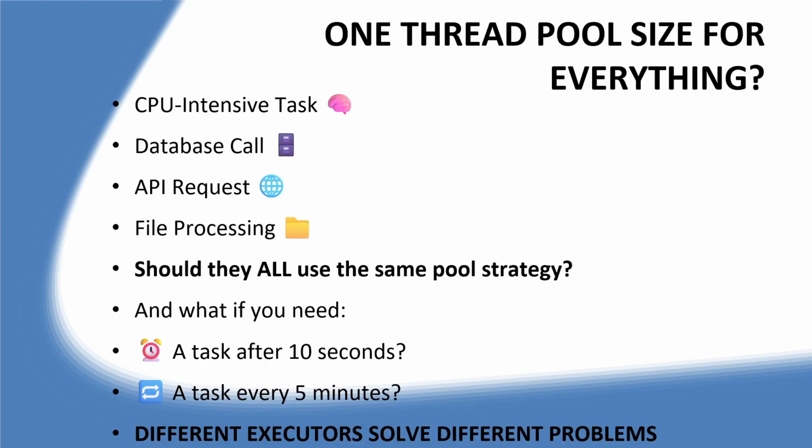Or what if we need to schedule a task to run after a delay or repeatedly at a fixed interval of time? So Java provides different executor types for different concurrency requirements. Understanding when to use each one is the next step in using the executor framework efficiently.